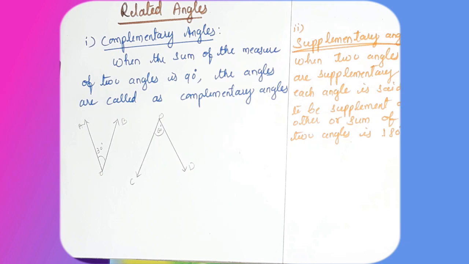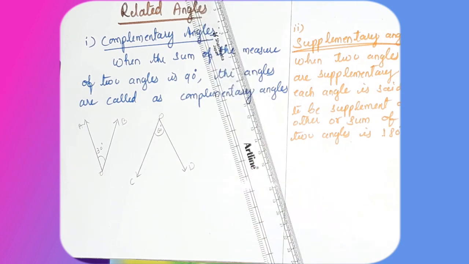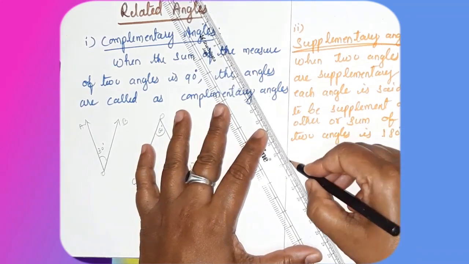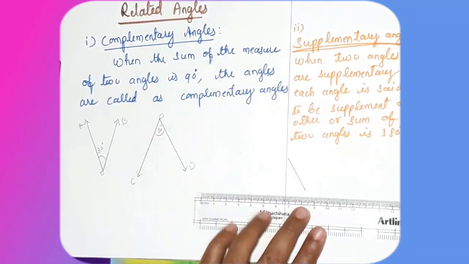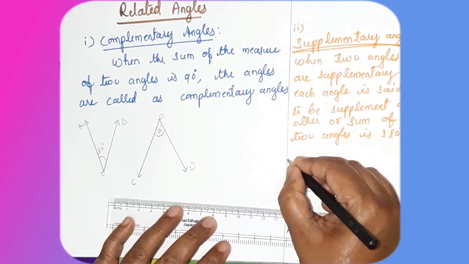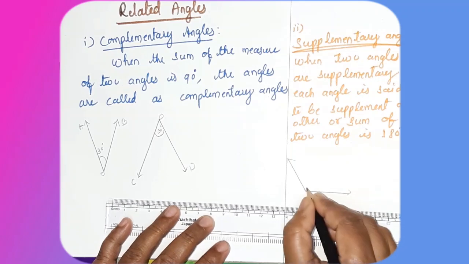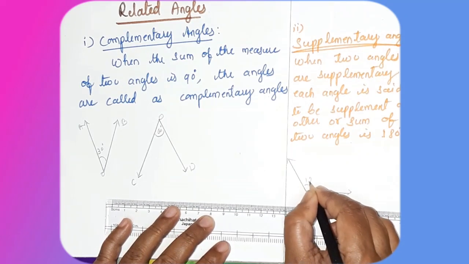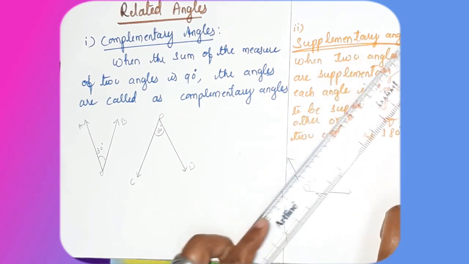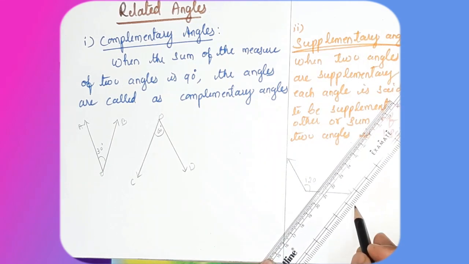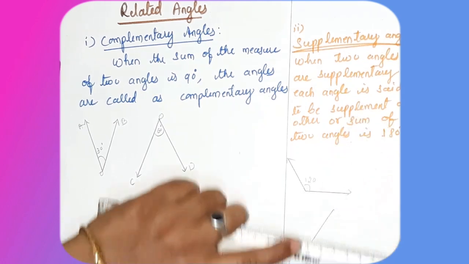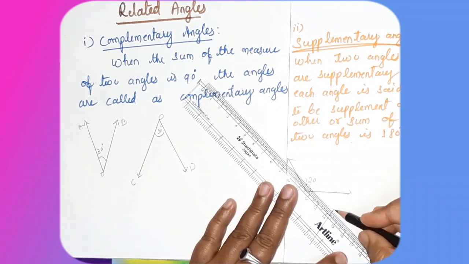How must they be 180 degrees? See, I just draw and show you. In this, one must be obtuse and another must be acute. See here, if this obtuse angle is 120 degrees, another must be 60 degrees, because the sum of the two angles is 180 degrees.